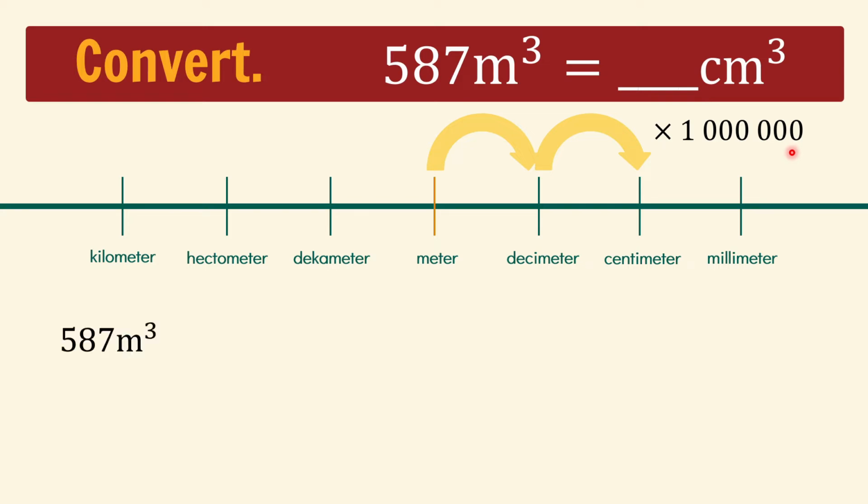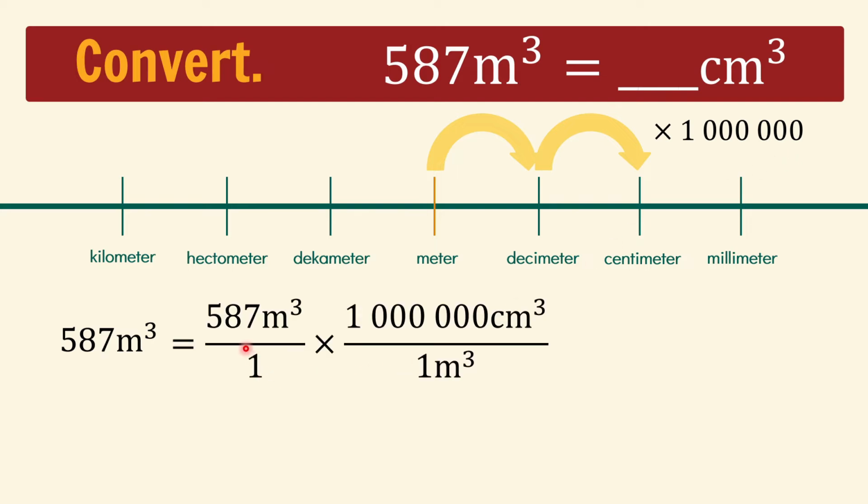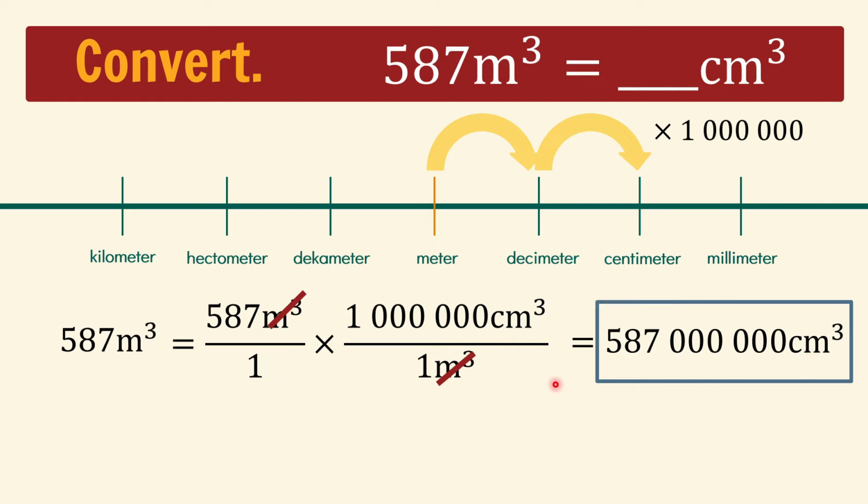So using the factor label method, 587 cubic meter is equal to 587 cubic meter all over 1 times the equivalent relation of the conversion, 1 million cubic centimeter all over 1 cubic meter. So canceling the similar units and multiplying the fractions, we get 587 million cubic centimeter.